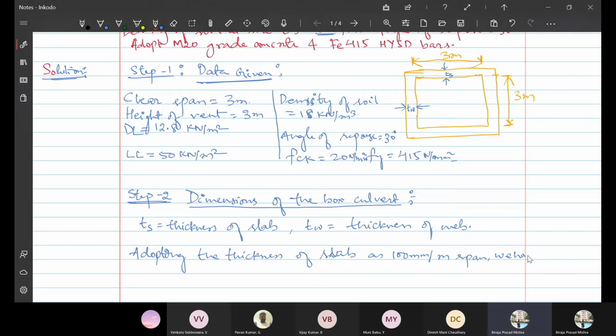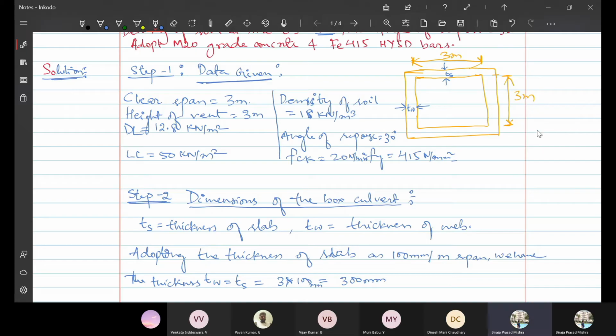So the thickness TW equals TS equals 3 into 100, that becomes 300 mm.